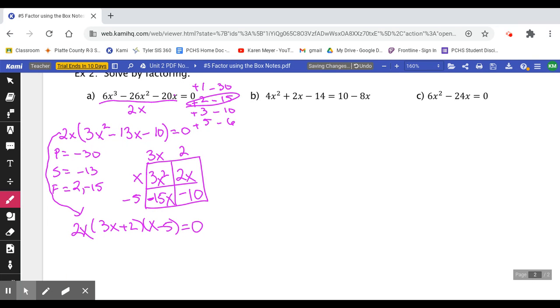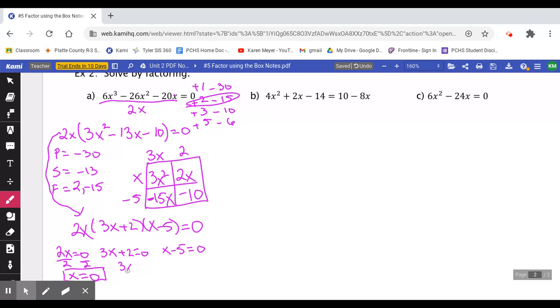So now we're going to do the new part, the solving part, that's tagged on at the end. For the solving part, you're going to take each thing and set it equal to 0. So 2x equals 0, 3x plus 2 equals 0, and x minus 5 equals 0. On the first one, you're going to divide by 2, so x equals 0. First answer.